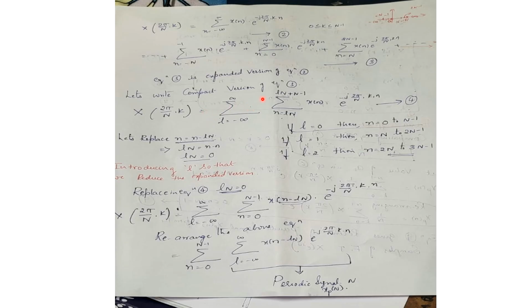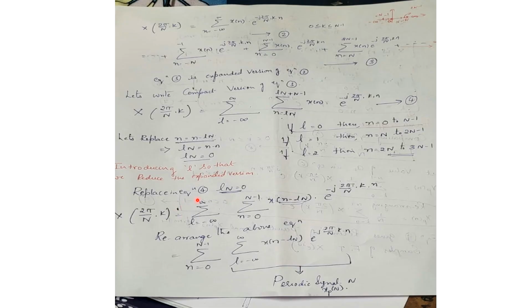The compact version will be X of 2 pi by N into k is equal to the summation of L is equal to minus infinity to infinity, and summation of n is equal to lN to lN plus N minus 1 of x of n e to the power of minus j 2 pi by N into kn. What does it mean? This means that we are introducing the L so that we can reduce the limits of the expanded version. In the expanded version, you have so many limits to consider. To condense it, we are introducing the L.